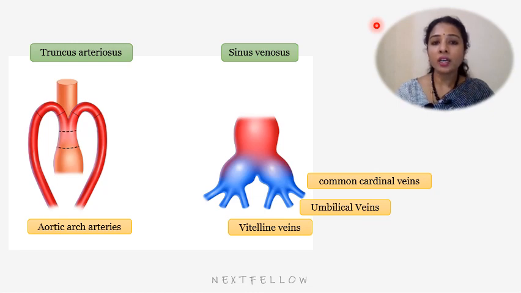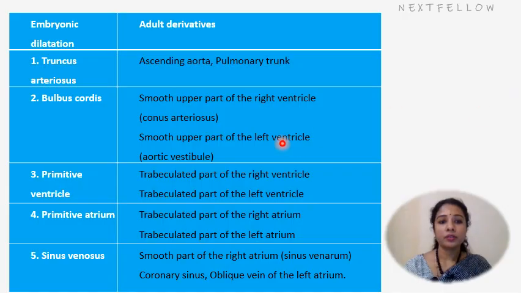As the heart tube grows, it bends, forming a loop which is called the cardiac loop, which invaginates later into the pericardial cavity. So let's see what each dilatation forms, the adult derivatives. From cranial to caudal, the truncus arteriosus forms the ascending aorta and pulmonary trunk.